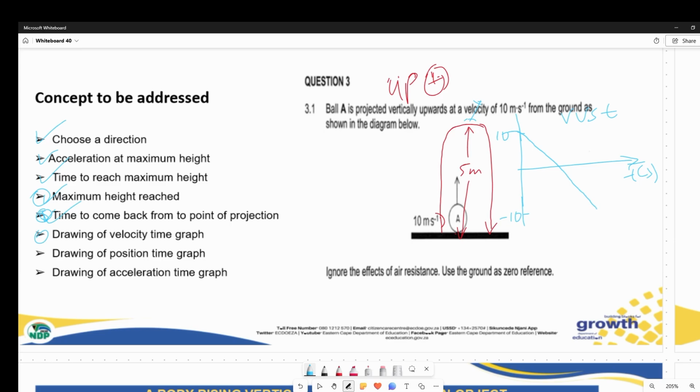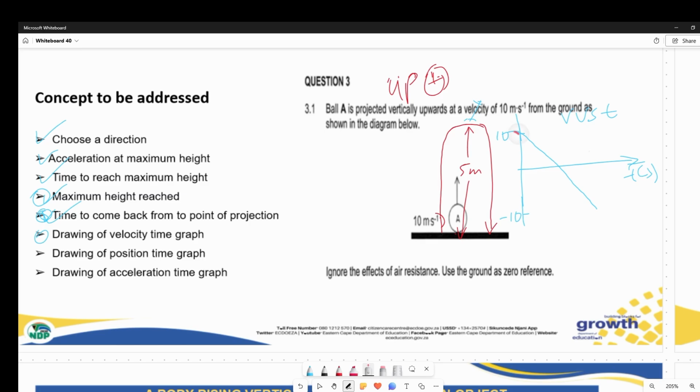Now you'll remember that from 10, it goes downwards to what? To 0. So the velocity is decreasing from 10 to 0 because the object is moving upwards. The velocity decreases as the object moves upwards because the velocity and the force acting there are in opposite directions.